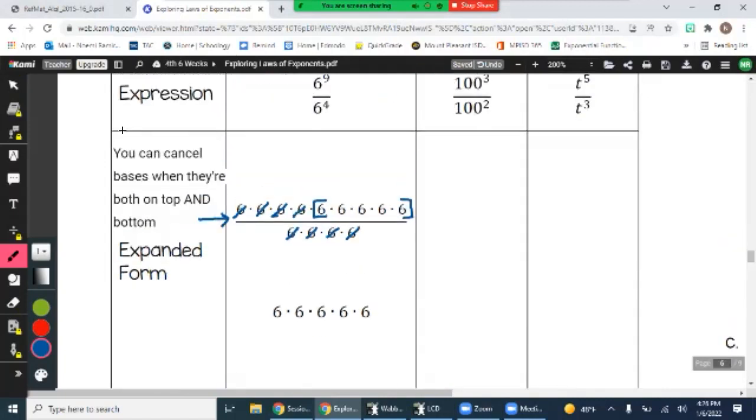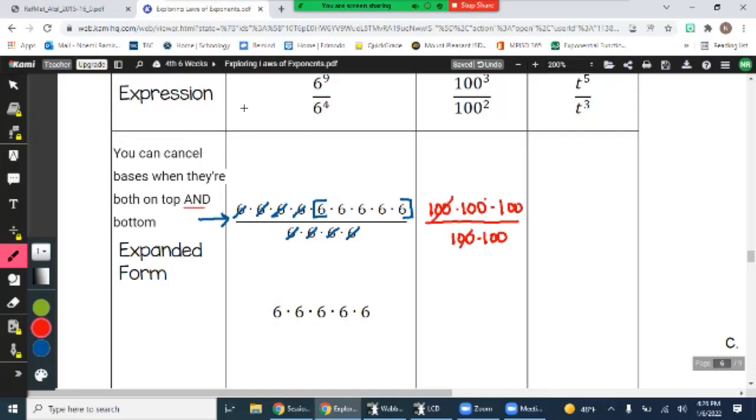All right, next one, we have 100 to the power of 3 over 100 to the power of 2. Now 100 to the power of 3 means we're going to be multiplying 100 by itself 3 times. And then we have 100 squared. Rules of cancellation: if you have the same base on the top and the bottom, you can cancel it out.